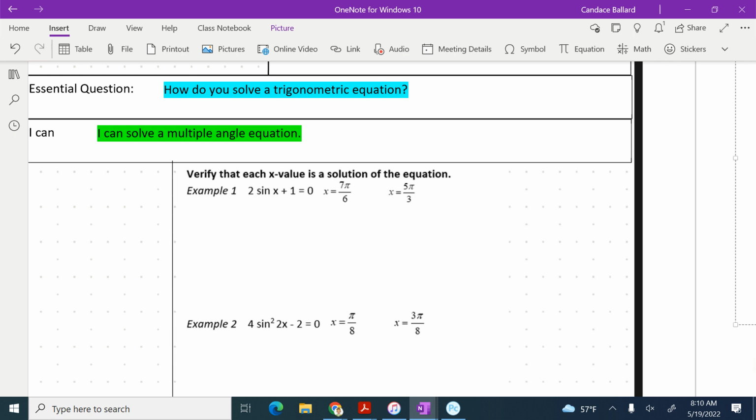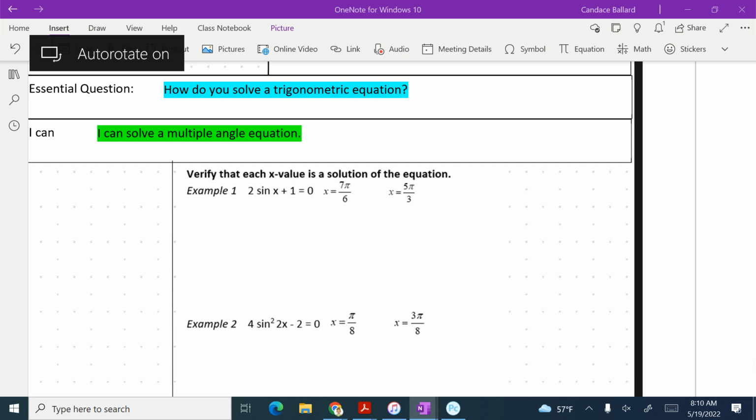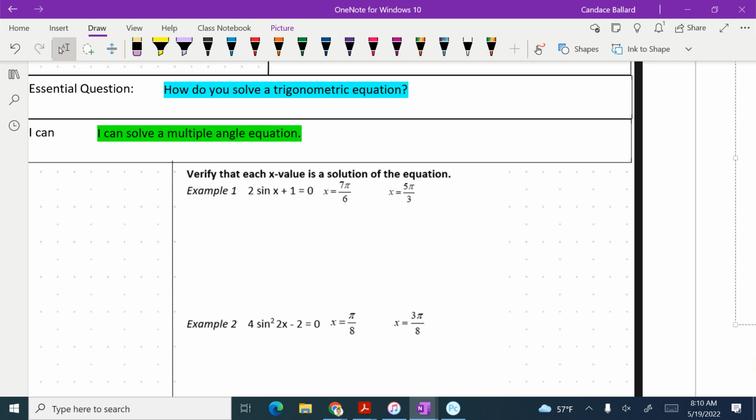So I'm going to plug in 7 pi over 6 for x. So I'm going to go 2 sine of 7 pi over 6 plus 1. I am checking, does that equal 0? Because I don't know.